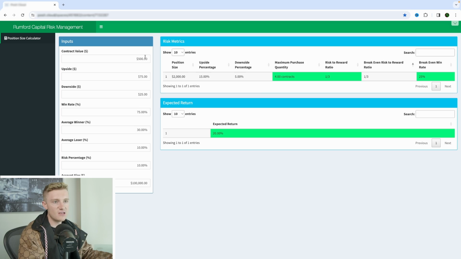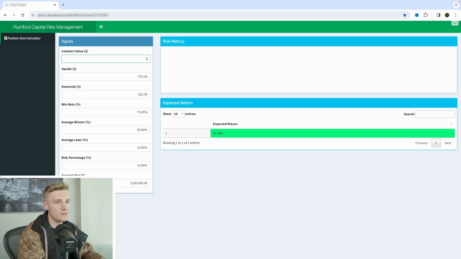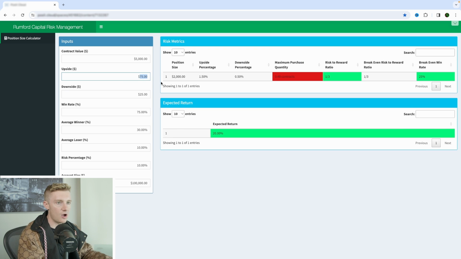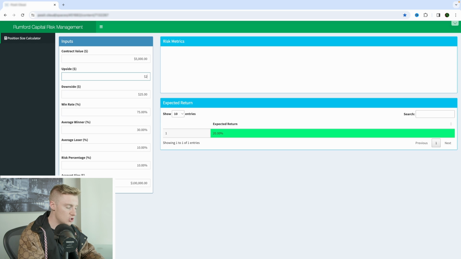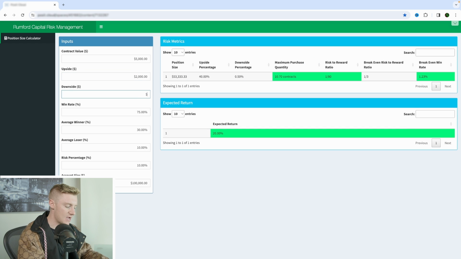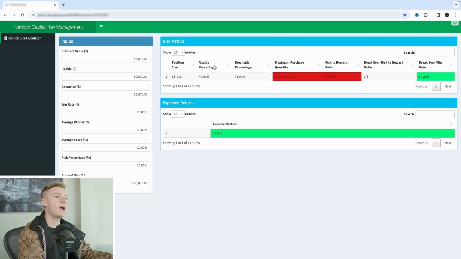Now, to give you a couple more examples, let's say the contract value is going to be $5,000 and our upside is going to be $2,000, whereas our downside is going to be $3,600. Maybe that's a bit of an extreme example, but we can see here that our position size based off of this trade is $370. So we can't buy any contracts.